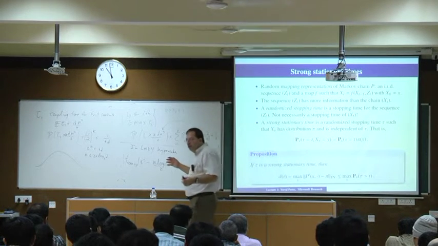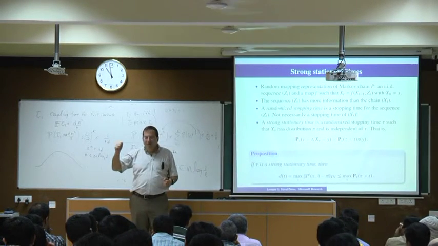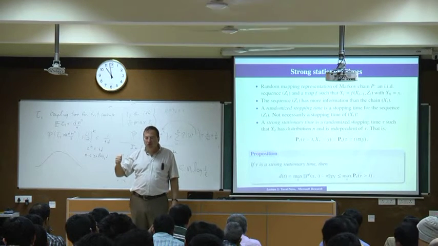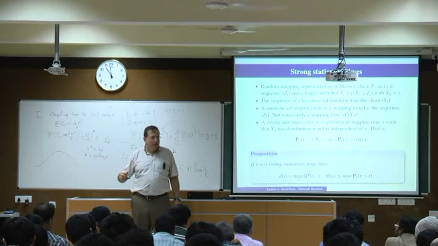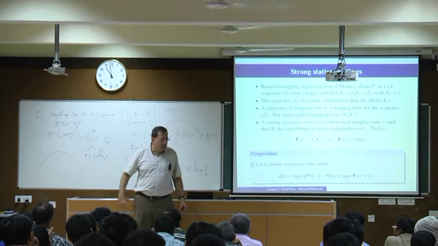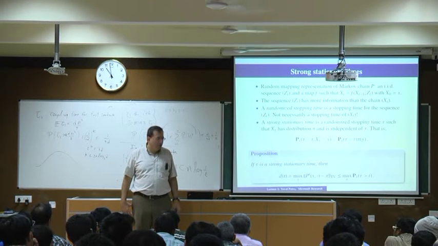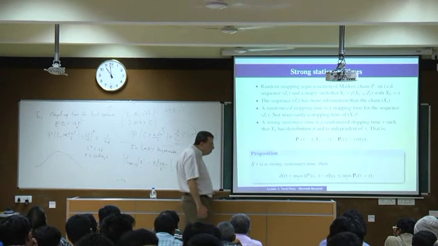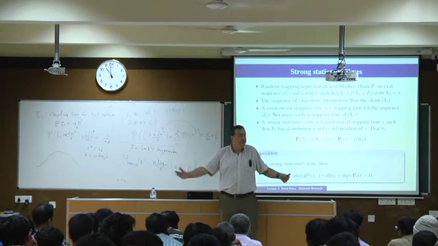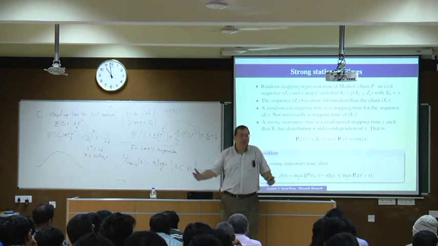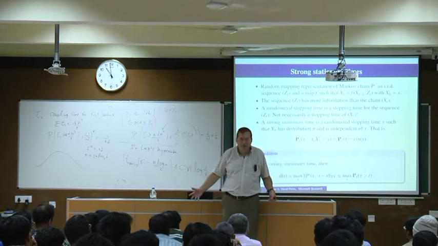Take any Markov chain, pick a state according to the stationary distribution pi, and run until you hit that state. So this is, by definition, a stationary time. When you hit that state, you're at a stationary state because that's how it was chosen.